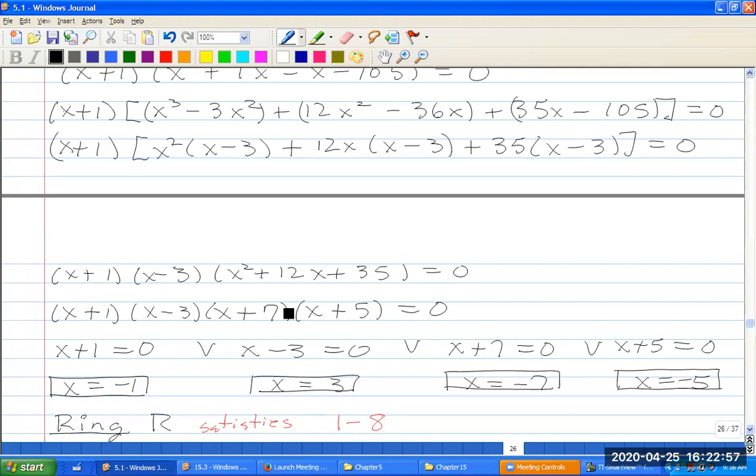Therefore, if the product is 0, then at least one of the factors is 0. So either x plus 1 is 0, or x minus 3 is 0, or x plus 7 is 0, or x plus 5 is 0. So either x is negative 1, positive 3, negative 7, or negative 5.